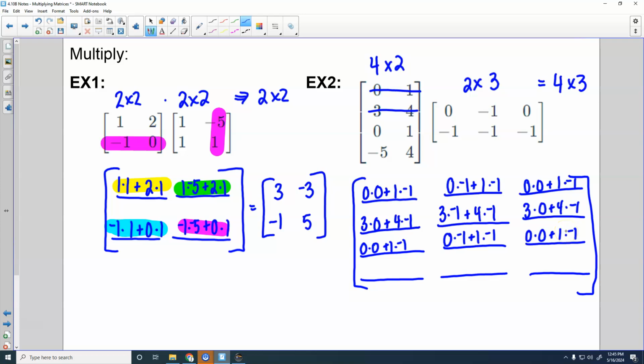So if you see a row that's the same, you can just repeat there because it's going to be the same. And then for the last one, I'm going to have -5 times 0 plus 4 times -1, -5 times -1 plus 4 times -1, and -5 times 0 plus 4 times -1.